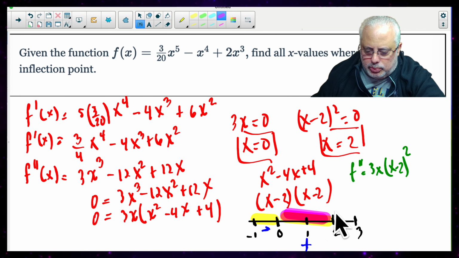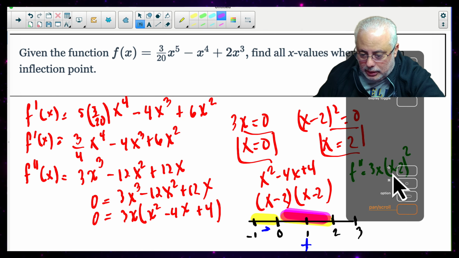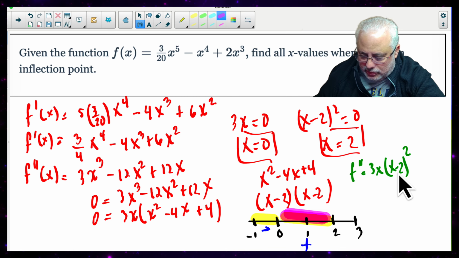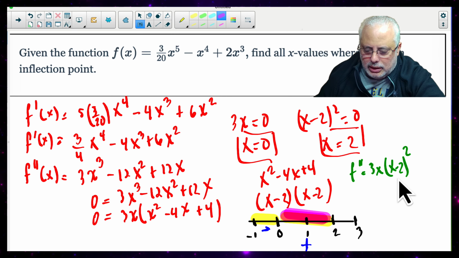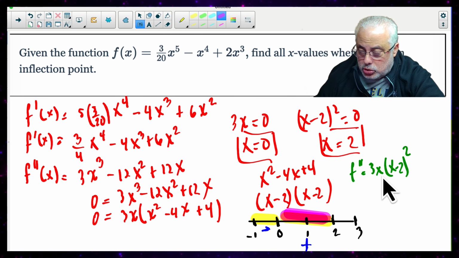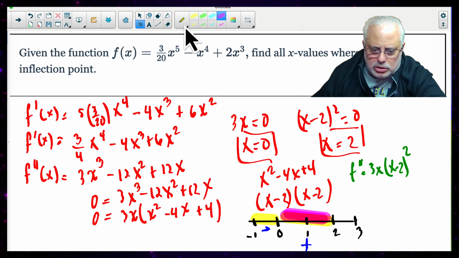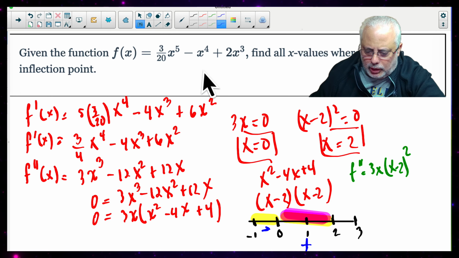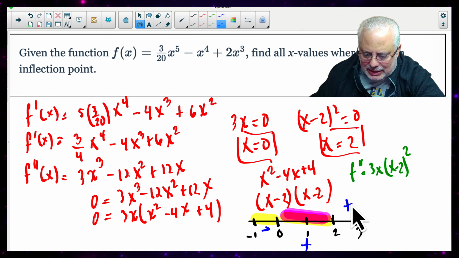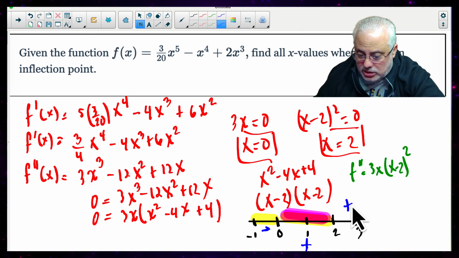And let's plug in 3. If I plug in 3, this expression, 3 minus 2 to the second power, will be positive, and this expression also will be positive because 3 times 3 is 9. So positive times positive will be positive. So we have another positive area here. So I can see that x equals 2 is not an inflection point, because the second derivative is not changing sign.